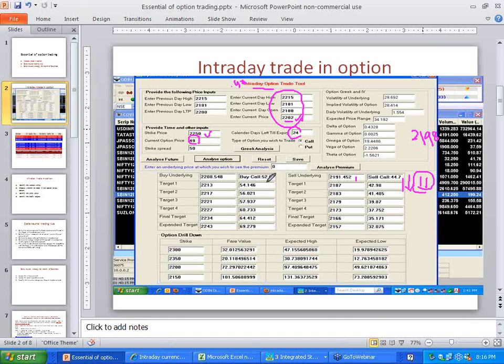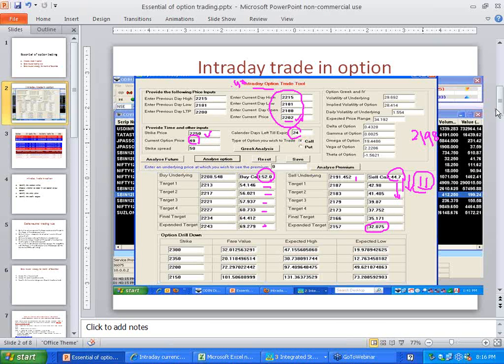This says if I wish to purchase this call option, I must buy at 52, keep a stop loss at 45, and the targets 54, 56, 57, 60 and 69 optimum you can get. And if the downside triggers, then it has the chance to fall down to 32 rupees.